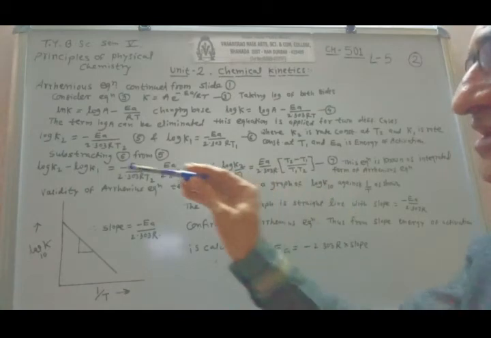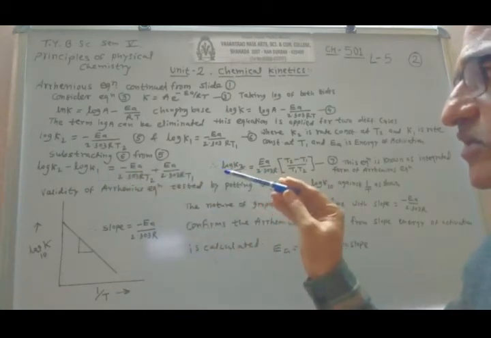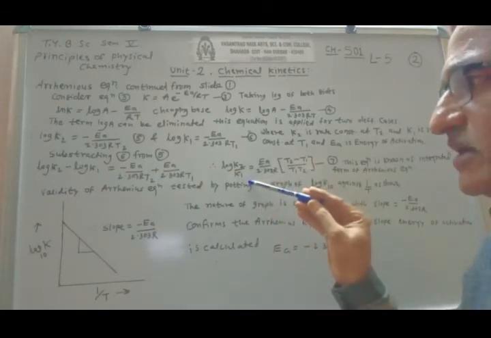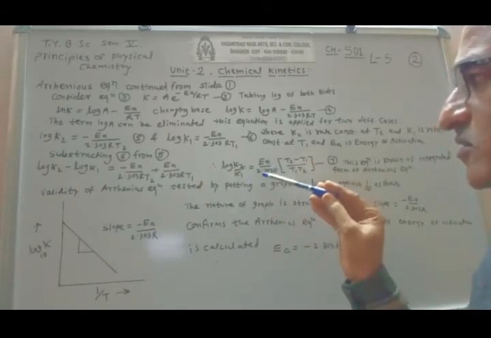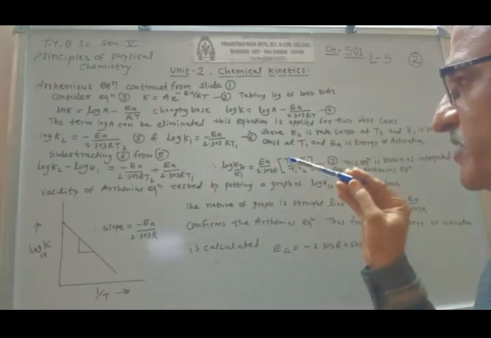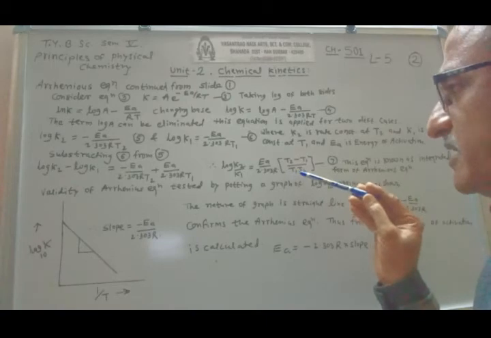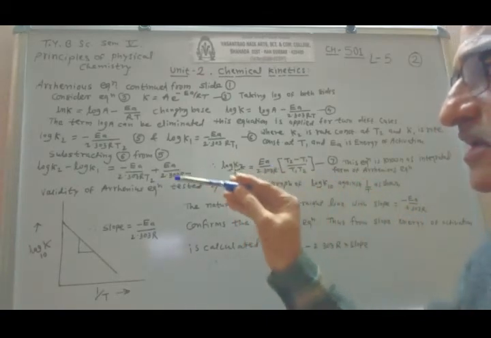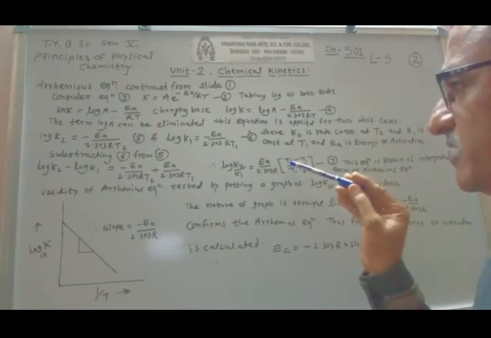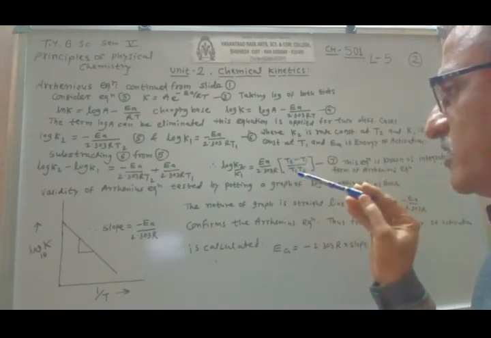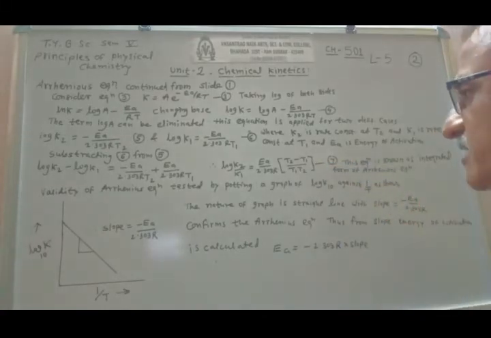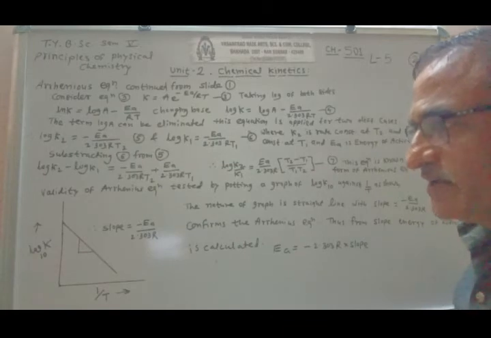Therefore by the rules of log, log k2 minus log k1 is equal to log of k2 upon k1, and EA and 2.303 R are constant, so into bracket we have 1 upon T1 minus 1 upon T2. By simplifying we get T2 minus T1 upon T1 T2, call it equation number 7. This equation is known as the integral form of the Arrhenius equation.